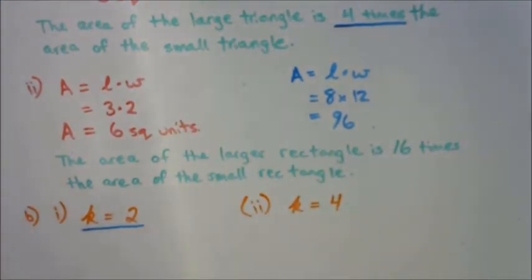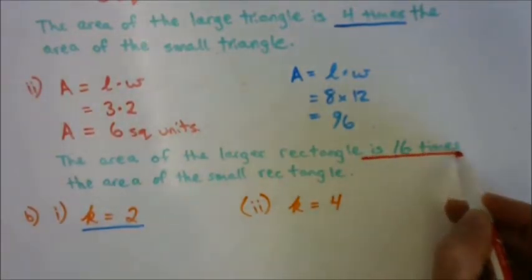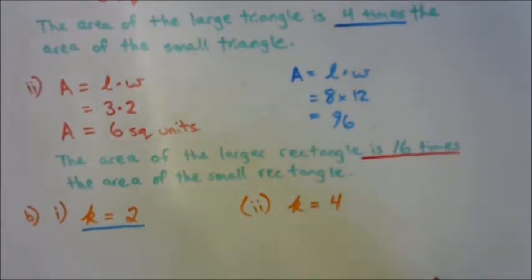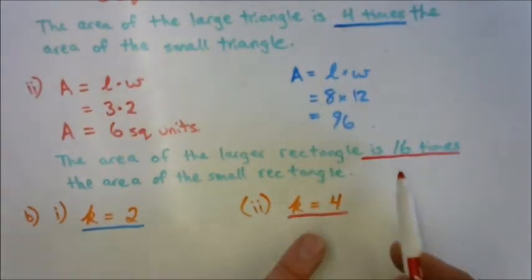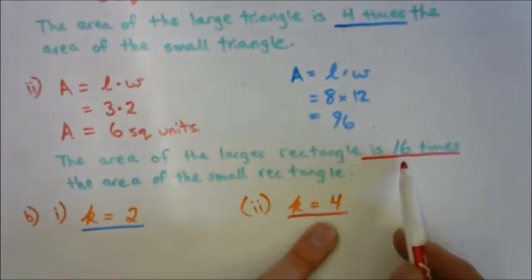Now look at this. The area of the larger rectangle is 16 times the smaller rectangle, and the scale factor is 4. Is there any relationship between 4 and 2 that's the same as the relationship between 16 and 4?